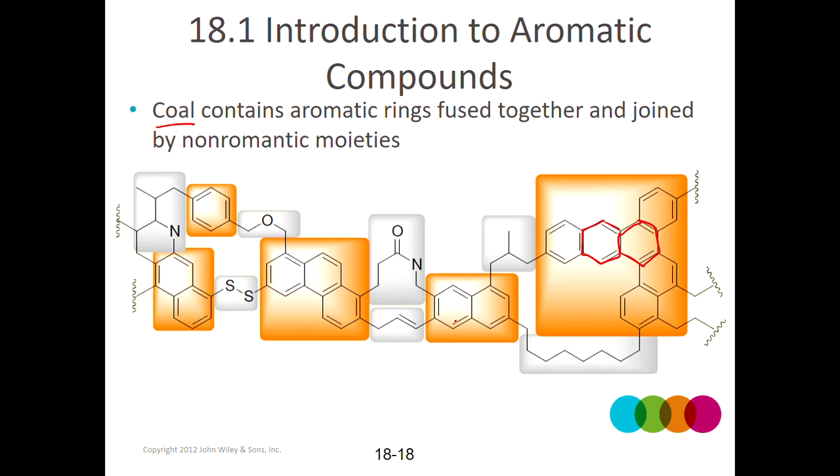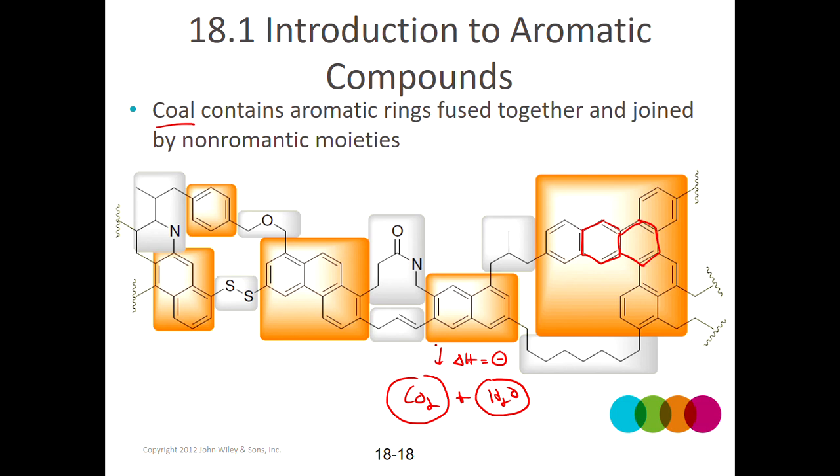All those pi bonds, when broken up and converted into CO2 and water, that releases a lot of energy because the electrons are much more stable in the products of combustion than they are in hydrocarbons. And so that releases a lot of energy that, for a lot of people provides the electricity for the home and stuff like that.